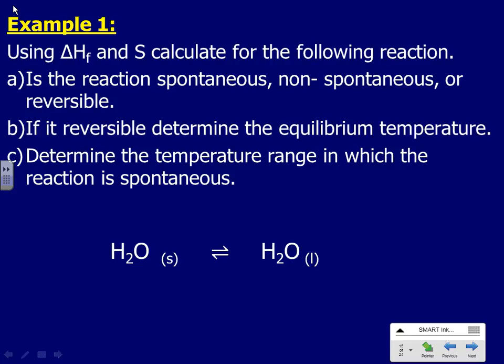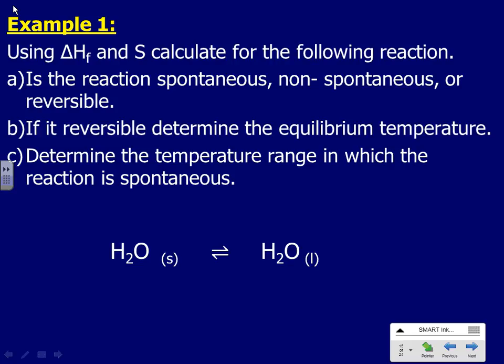And in a perfectly reversible situation, they literally cancel each other out and the delta G is equal to 0. When the delta G is equal to 0, we have a reversible situation. The entropy is pushing it in one direction and the enthalpy is pushing it in the other direction. Okay? And same thing here, the delta G will be equal to 0.